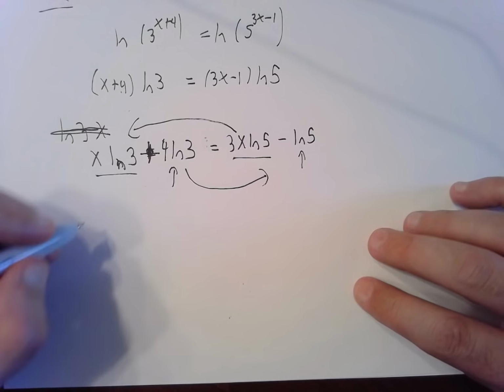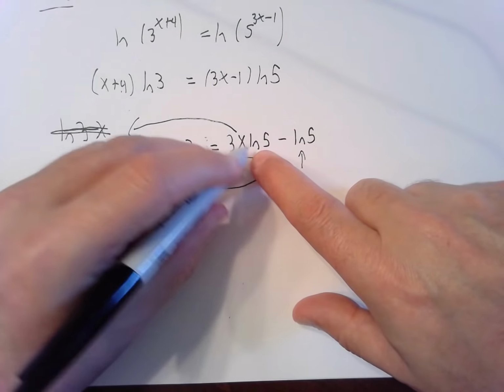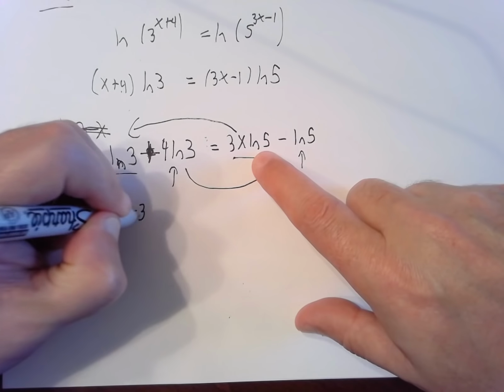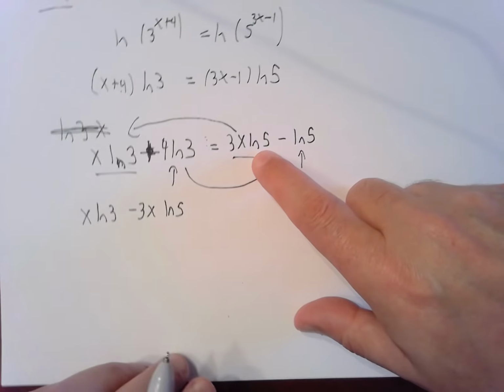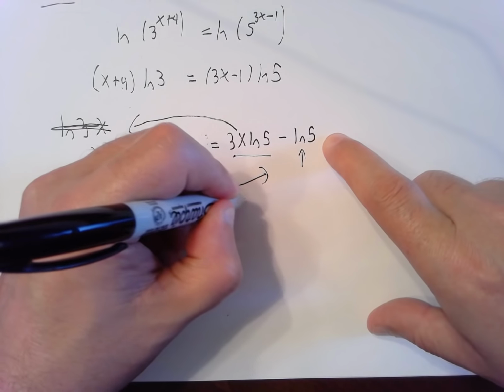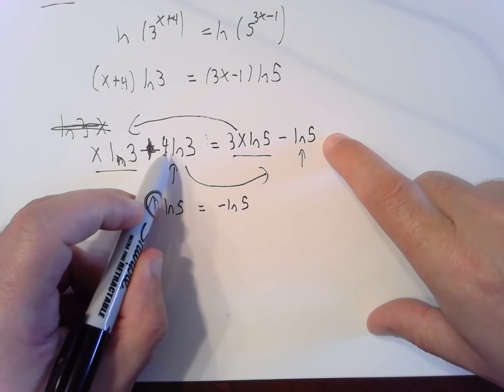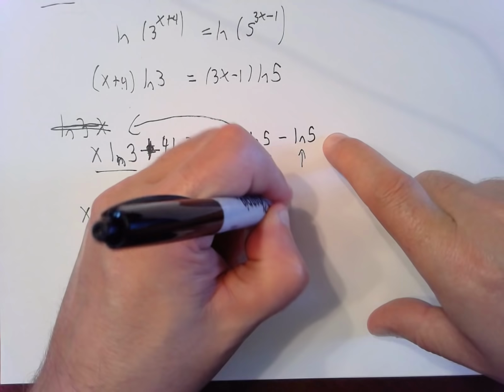So this guy's on the left, he's going to stay on the left. This guy's moving over, so he'll become negative 3x ln 5. This guy's already on the right. He's going to stay over there. This guy's going to move over. He was positive, so on the other side he'll be negative.